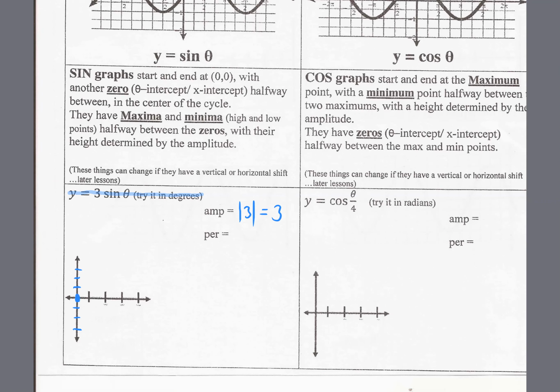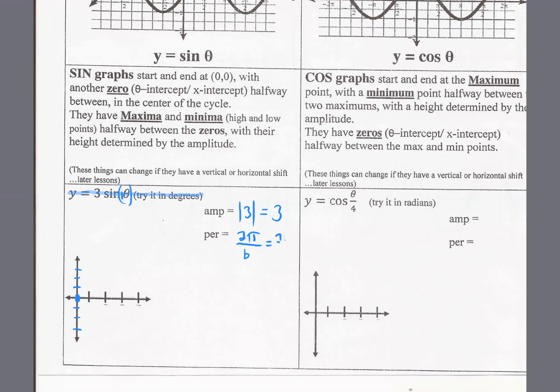Actually, before I keep going, let's find the period. It's 2 pi over b. To figure out what b is, it's the coefficient of theta. If you don't see a number in front of theta, it's just going to be 1. So this is 2 pi over 1.